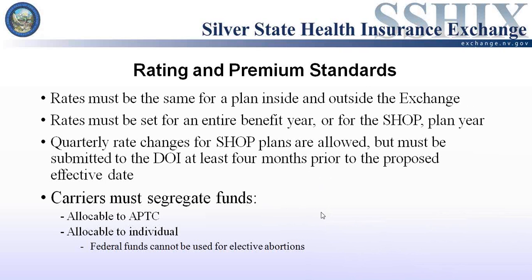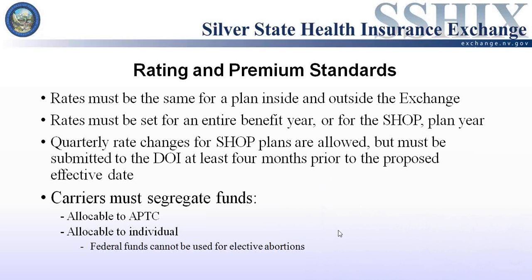As you all know, the segregation of funds is required, so carriers must segregate funds allocable to APTC, to the individual, and also funds cannot be used for elective abortions.